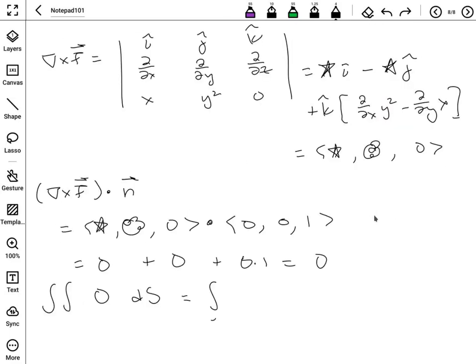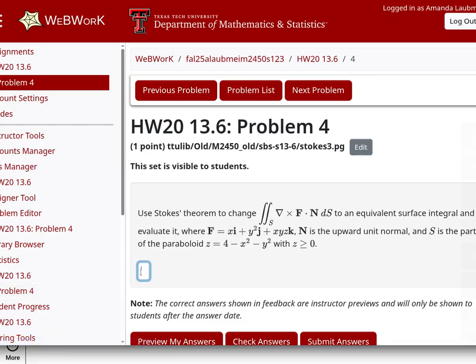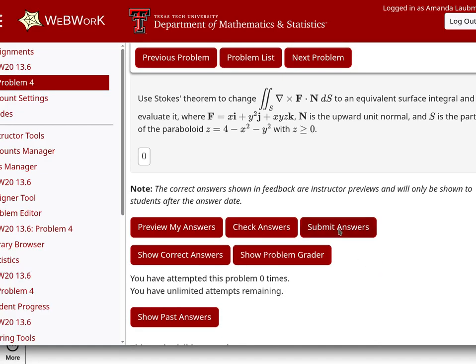Minus 2 to 2, root 4 minus x squared, root 4 minus x squared, 0, dy dx, or polar coordinates, 0 to 2 pi, 0 to 2, 0, r dr d theta, just to give you an idea of how you would do this problem, but I'm pretty sure the answer is just 0, and I'm gonna hope that's right because otherwise I messed up something in this problem.